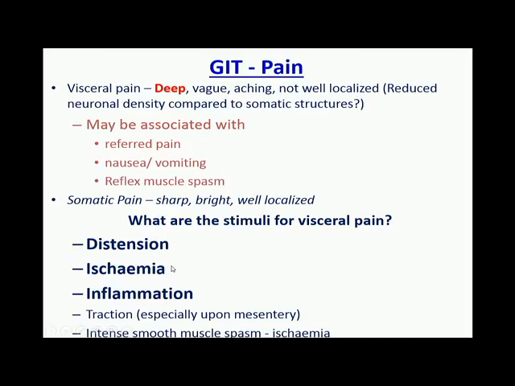Distension of a visceral organ, like the GI tract, can cause painful sensations. Ischemia, lack of blood supply, and inflammation can also cause pain. So those three are the common causes of GIT visceral pain: distension, ischemia, and inflammation.